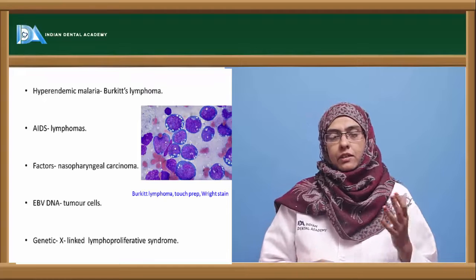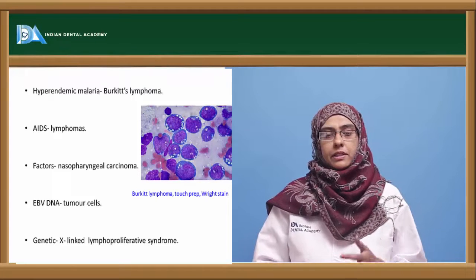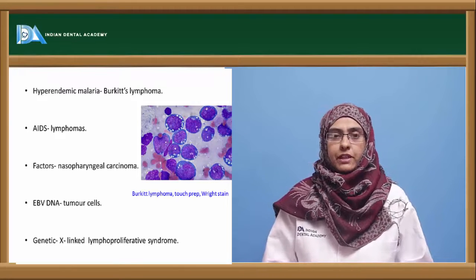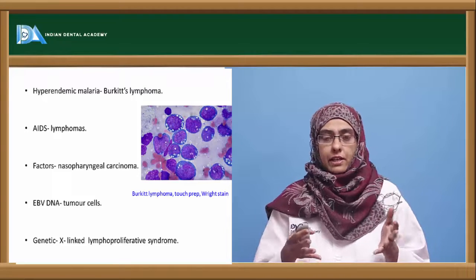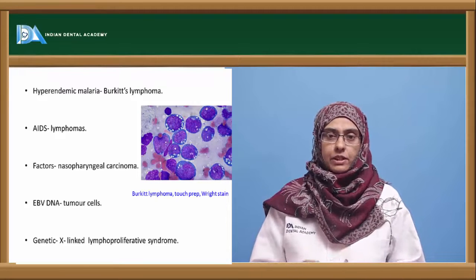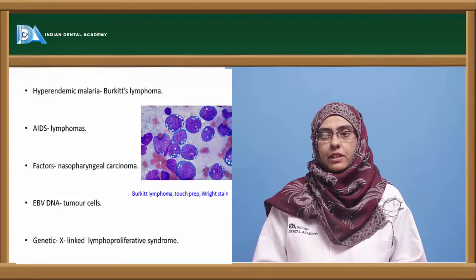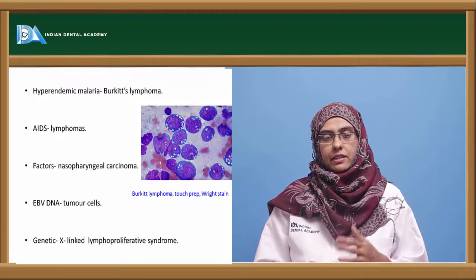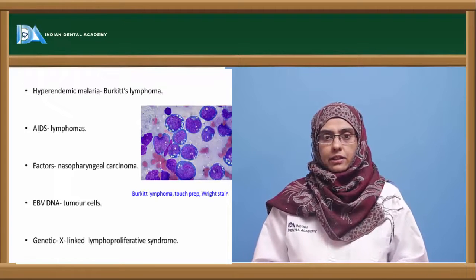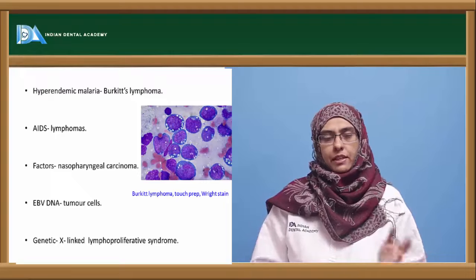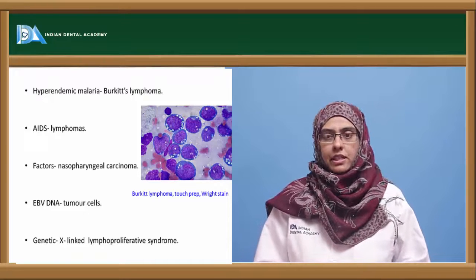Now there are different factors that determine the susceptibility to this particular infection, where genetic and environmental factors are the most important in development of this disease. And it is said that nasopharyngeal carcinoma is because of the genetic and environmental factors that can be seen in Chinese people.